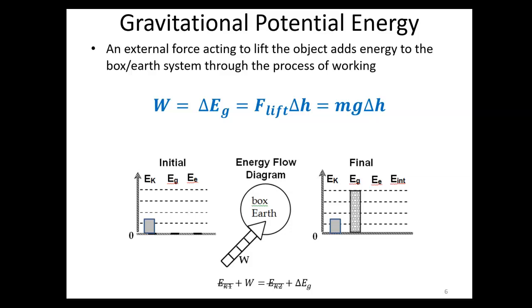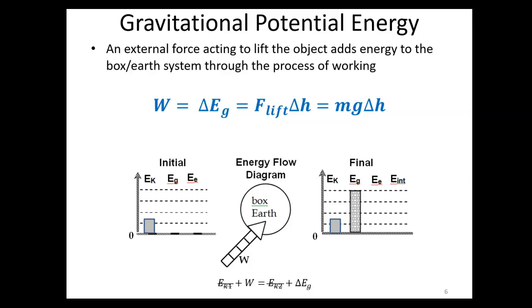Let's say the object is a box. So we've got a system that consists of the box and the earth. When we first look at it at position A, it has kinetic energy because it's moving upward. And when we look at it later at position B, it still has the same kinetic energy because it's still moving at a constant velocity, but it has more gravitational potential energy.